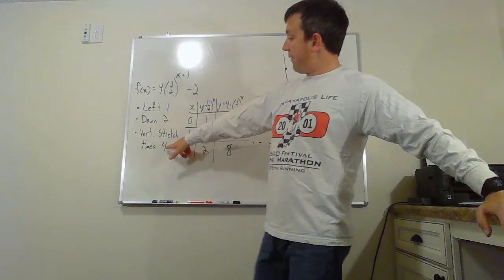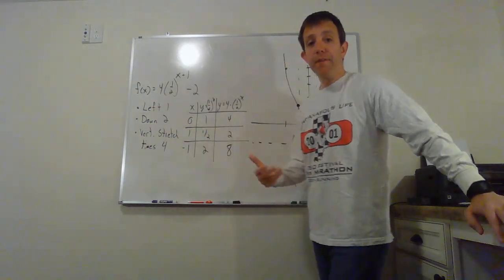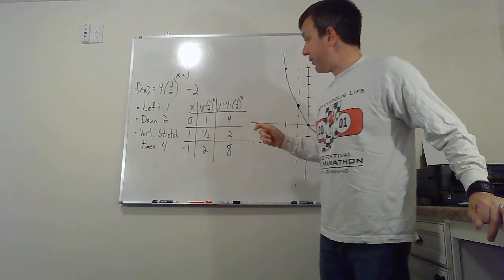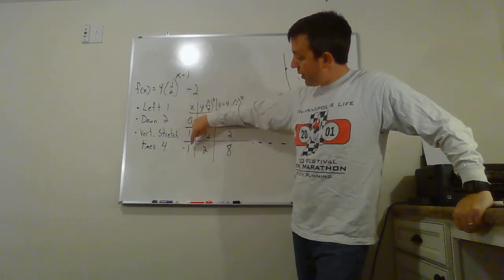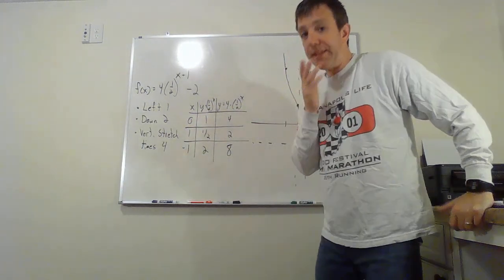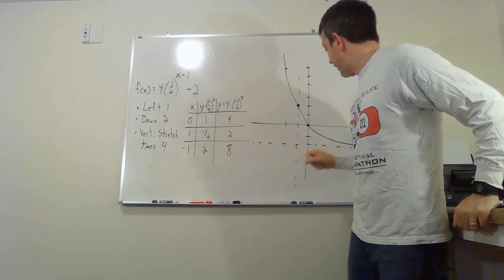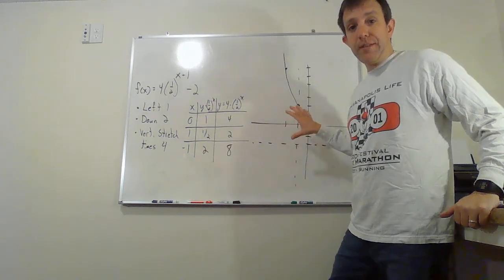The last thing we have is a vertical stretch of times 4. We have that 4 in front, and here's how we're going to deal with that. I still want to plug in 0, 1, and negative 1. Be careful, those are not really 0, 1; we're using them as 0, 1, and negative 1 with respect to my dotted lines, the fake axes.